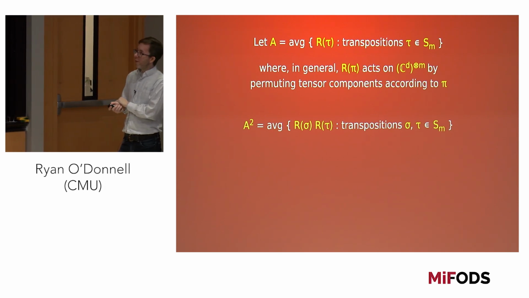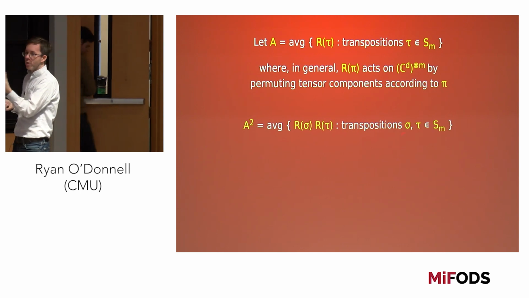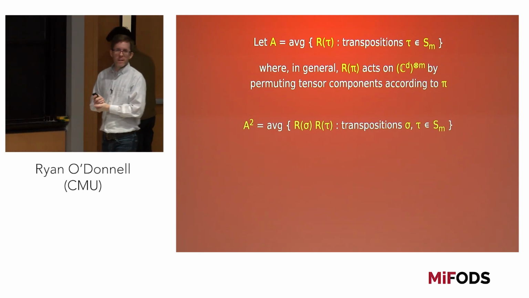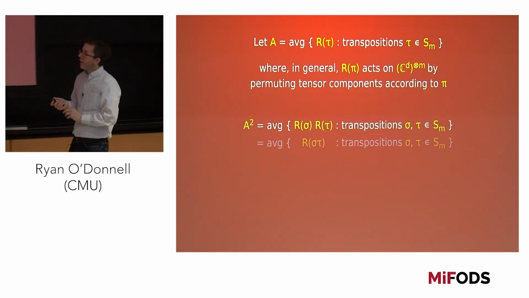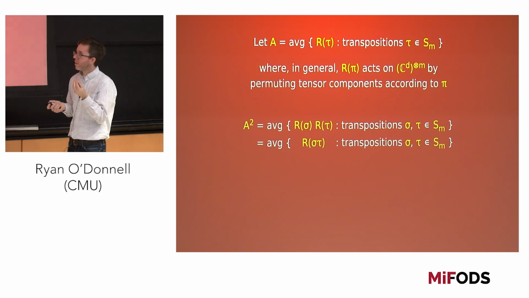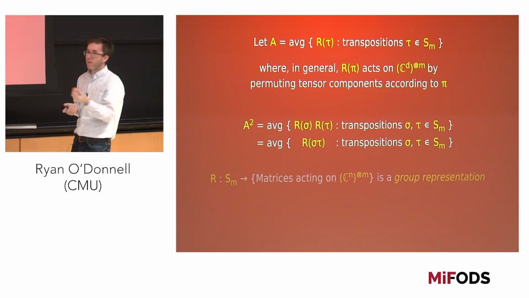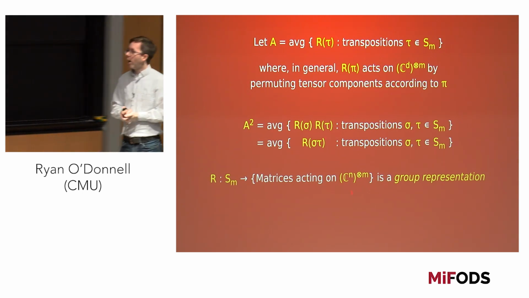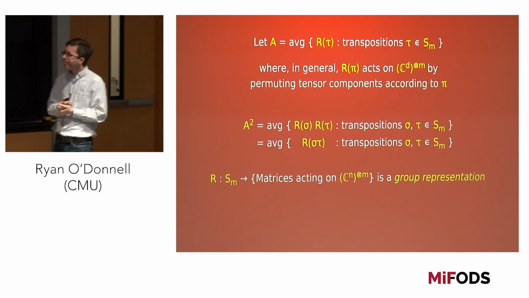And well, that's just the operator that swaps according to the product of the two transpositions, sigma tau. And in fact, let me make the minor point here that this R is actually a group representation. It's an operator that maps a permutation from the symmetric group to a matrix that respects the permutation multiplication.